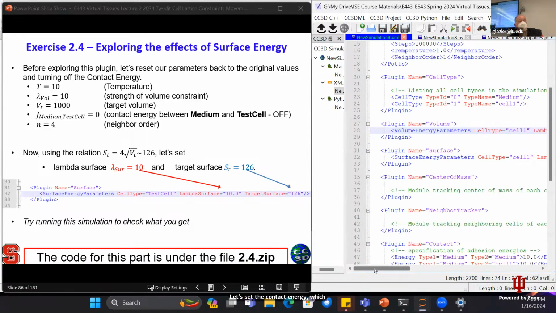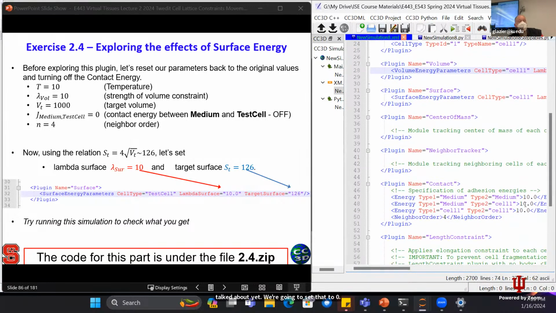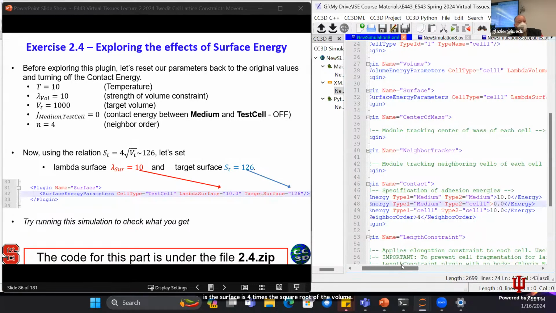We're going to set that to 0. That lives here. Cell medium contact energy will make 0. And we're now going to set lambda surface to 10 and target surface to 126. That is, the surface is 4 times the square root of the volume. Try that. See what happens.